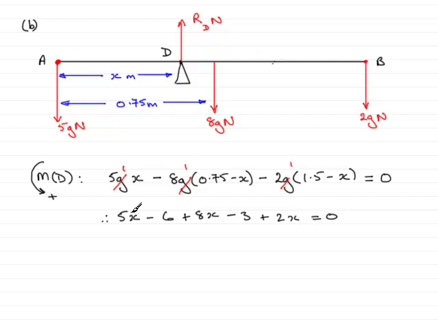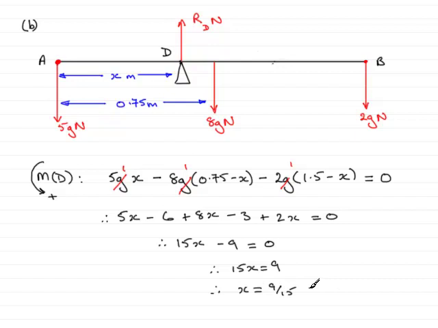So gathering together the x's, 5x, 8x and 2x, that comes to 15x. Minus 6 and minus 3, that's minus 9, equals 0. Add 9 to both sides, therefore we have 15x equals 9. And finally divide both sides by 15, and you have x equals 9/15.